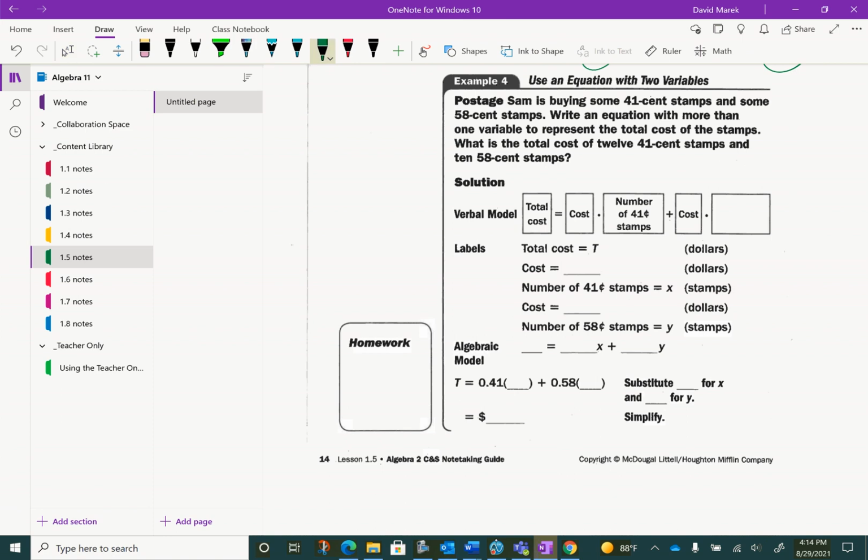All right, so if T is going to be our total cost, we're going to take cost times the number of 41-cent stamps, and then we have to add the cost times the number of 58-cent stamps.